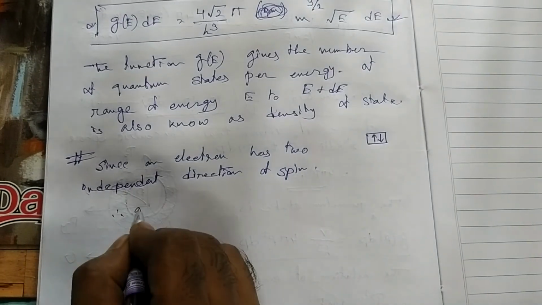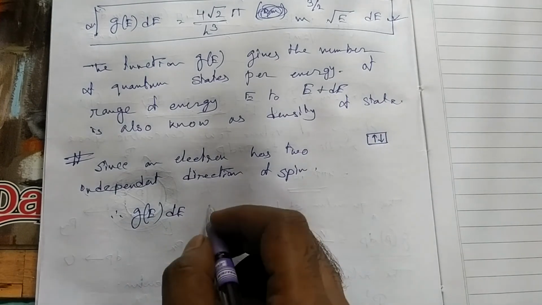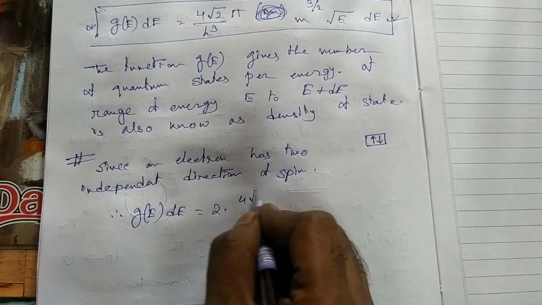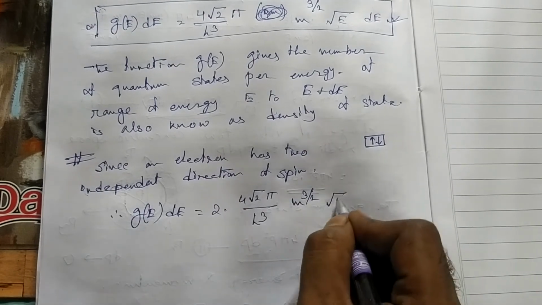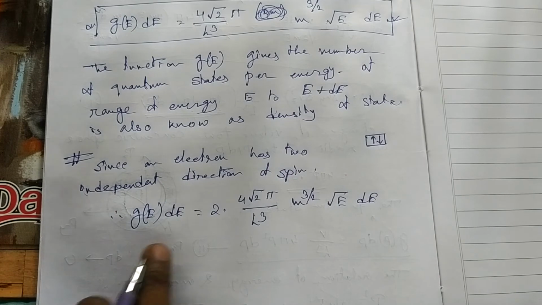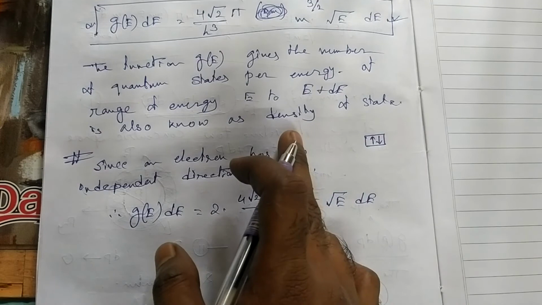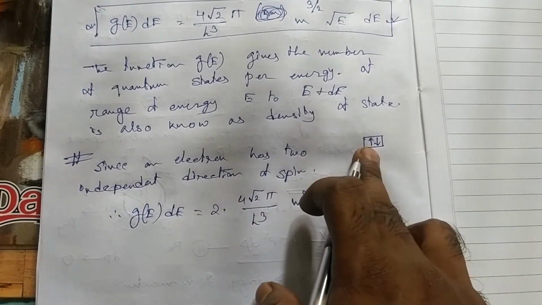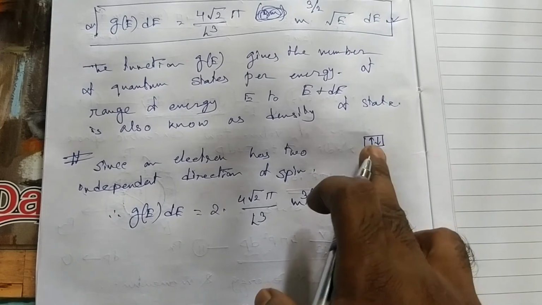So the density of states g(E) is equal to 2 into 4 root 2 pi V by h cube m to the power 3 by 2 root under E dE. You just multiply the possible quantum states, so the density of states becomes double, because one single state is occupied by two electrons with different spin.